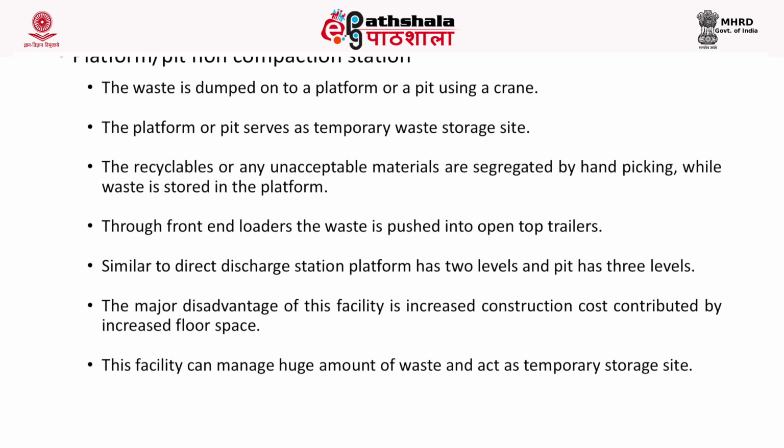Similar to the direct discharge station, platforms have 2 levels and the pit has 3 levels. The major disadvantage of this facility is the increased cost of construction contributed by the increased floor space. This facility also manages a huge amount of waste and can act as a temporary storage site.